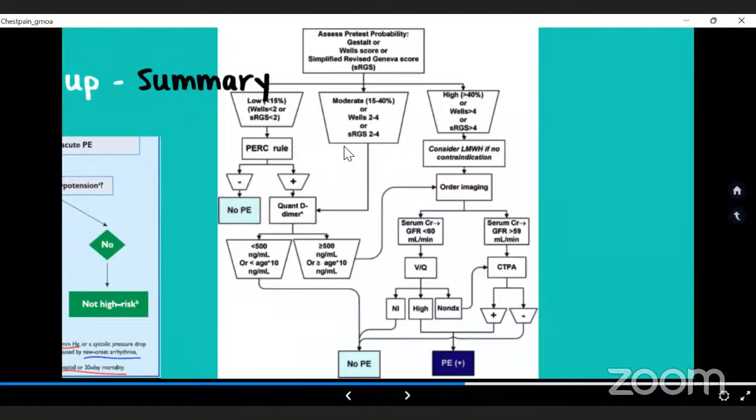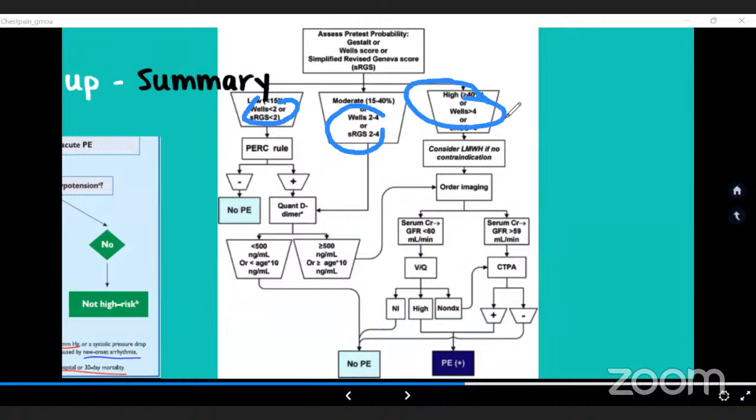So that's why you have got the Wells score. You might have heard of that. Wells score or revised Geneva score. You can use either of them. My favorite is the Wells score. You can risk stratify whether there is a low risk of PE, a moderate risk of PE, or a high risk of PE.